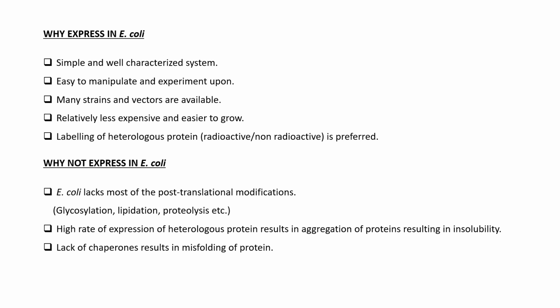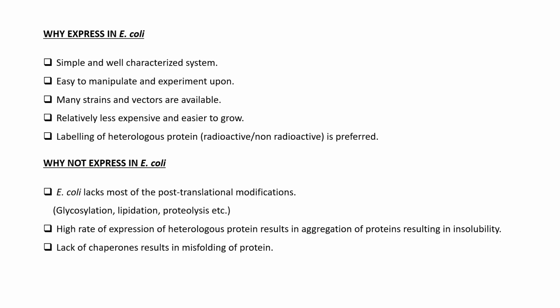One of the most important factors is that it is very easy to grow E. coli cells with less expensive media. Also, you can label any heterologous protein with a lot of ease in E. coli models. So these were a few benefits of using E. coli as a host system.